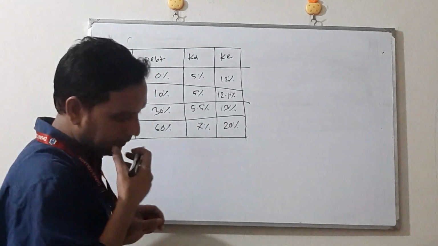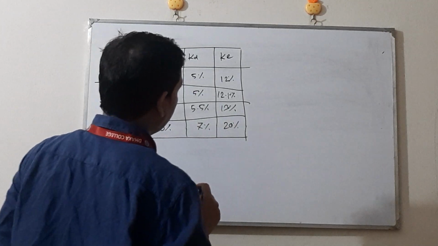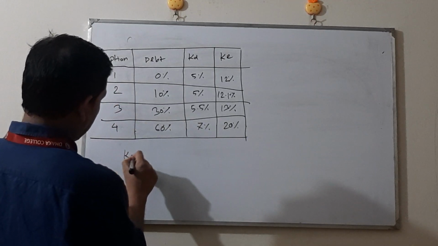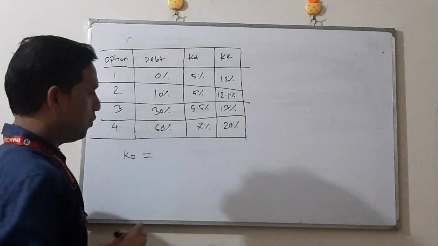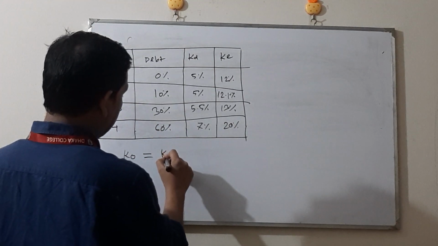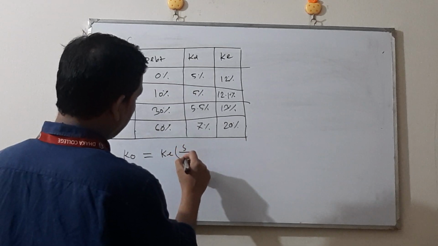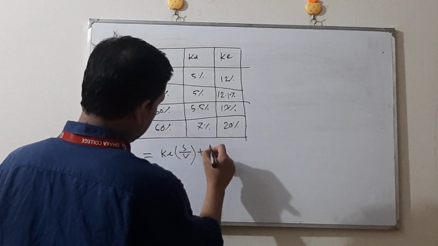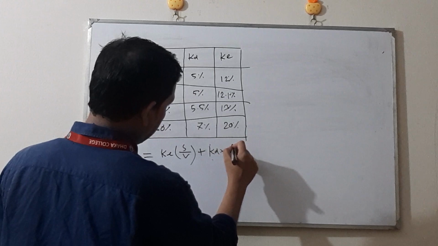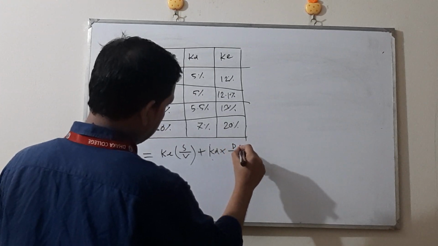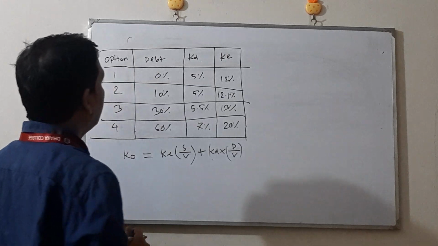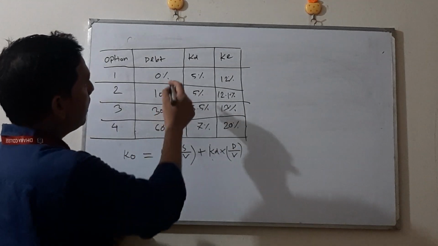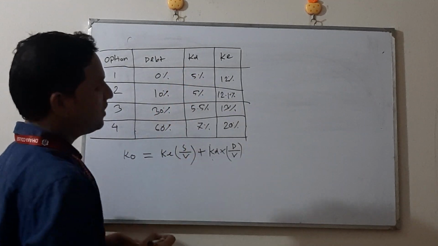Students, we already know that KO, the overall cost of capital, equals KE into S divided by V plus KD into D divided by V. We assume that the total value of the firm is 1.